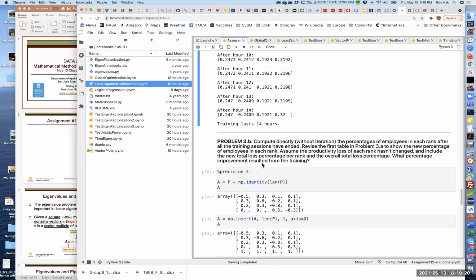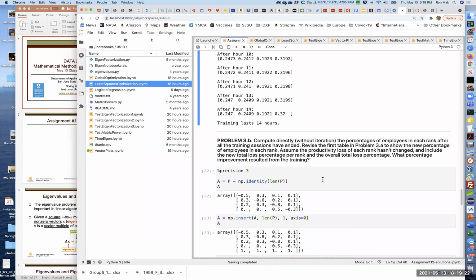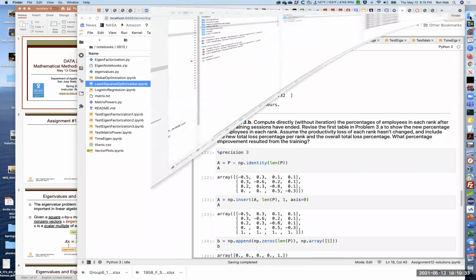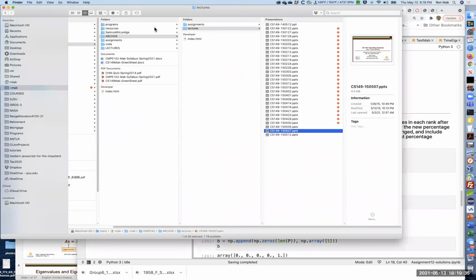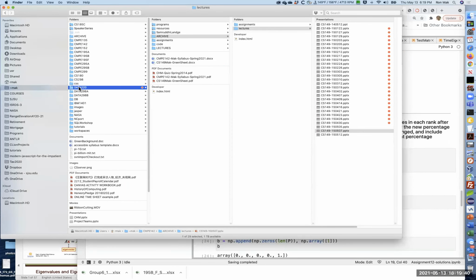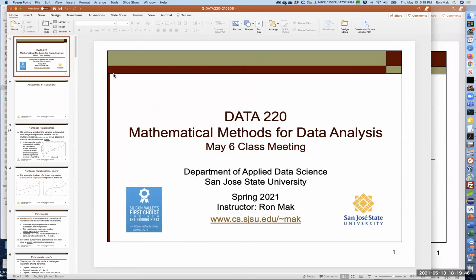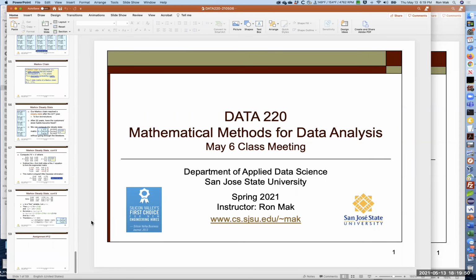Remember, we start out by subtracting the identity matrix here. Let me bring up those slides so we can remember what we're trying to do. Make sure I'm in the right class. It's 220 lectures, and it was last week's slides. There we go. It's toward the end of the class, if I remember.